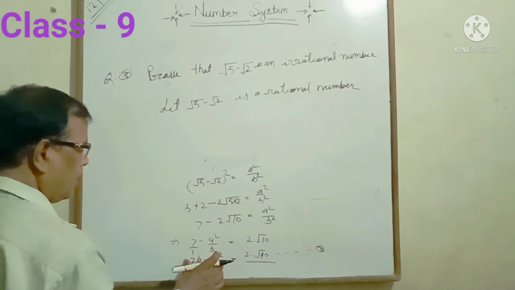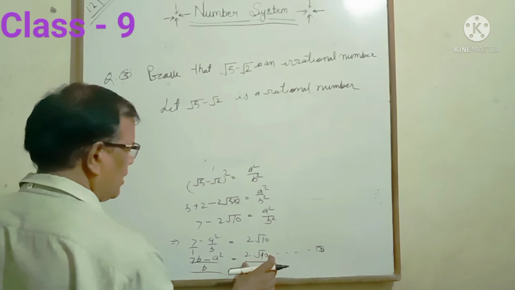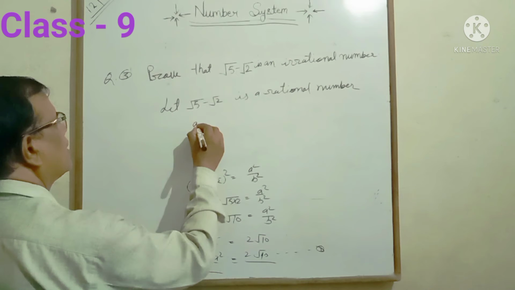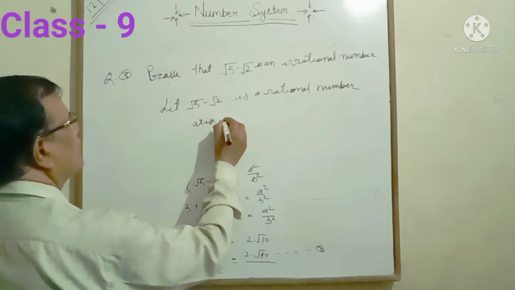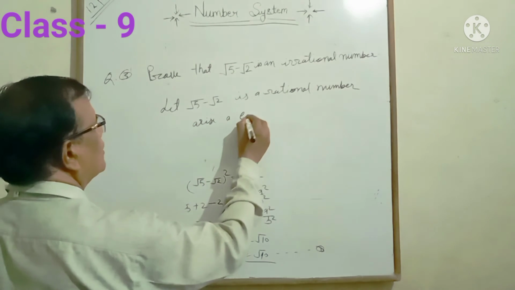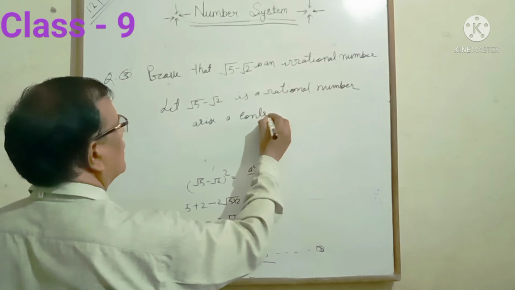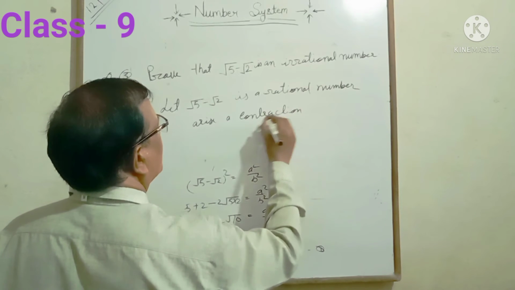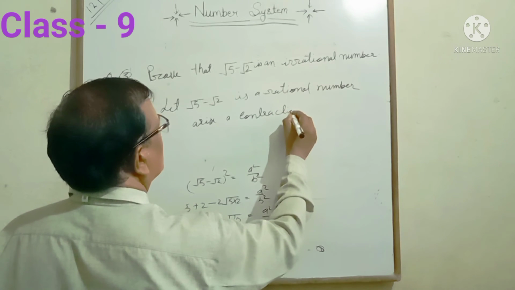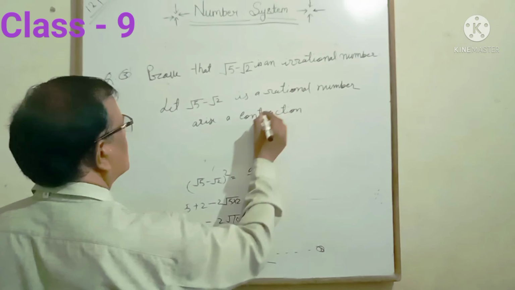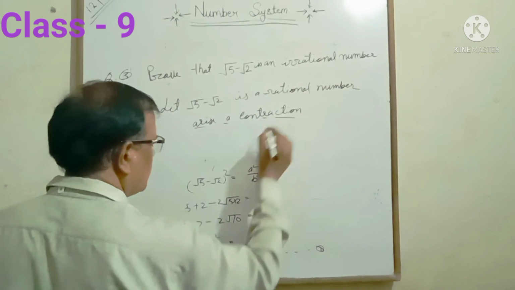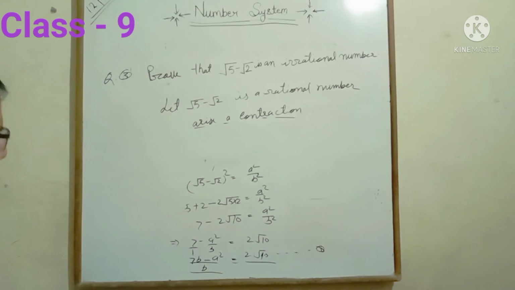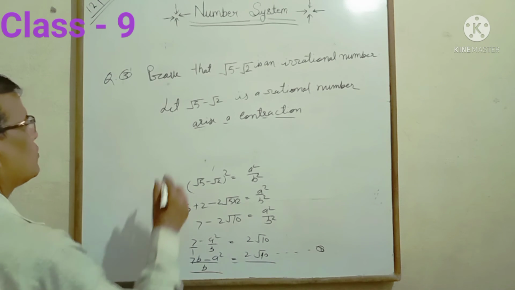We see that on both sides, one side is rational and one side is irrational. Here also a contradiction arises. It means it is opposing both sides, so it does not follow our assumption.